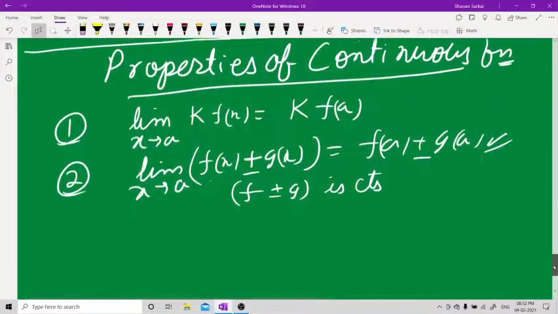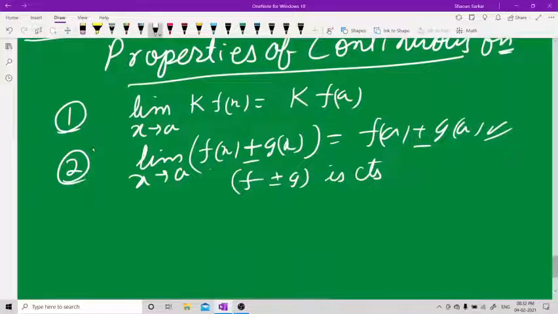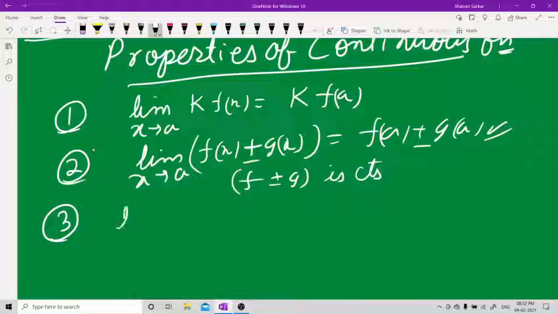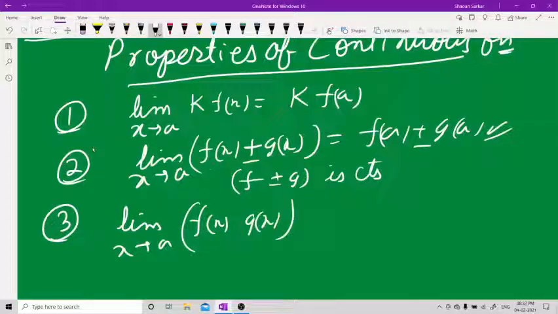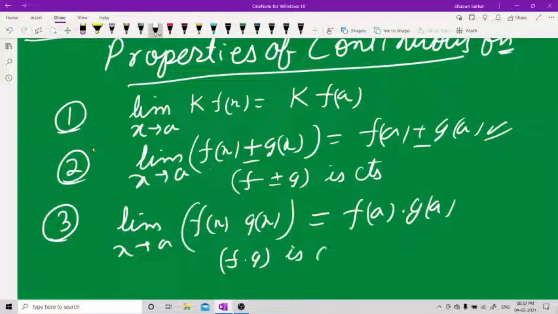Now, the third part, if limit as x tends to a, f(x) g(x) should be equal to f(a) into g(a), this is the same as f dot g is continuous. This is the way how you will show it, and this is the statement.